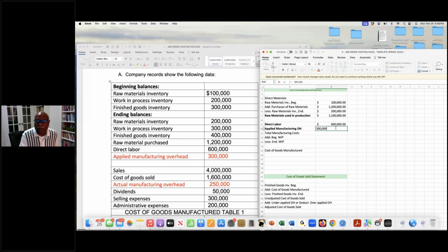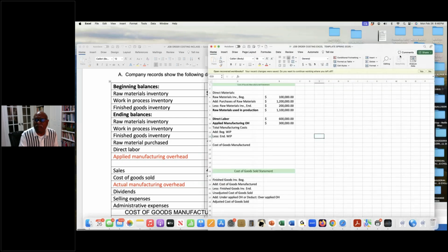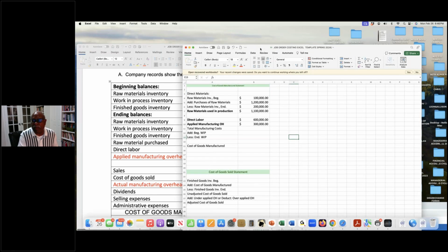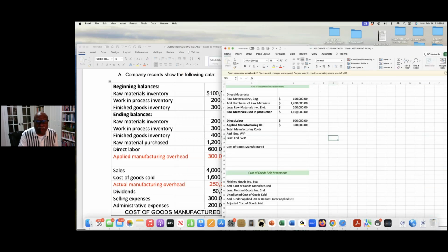So our total manufacturing costs, we're simply going to add these three items: raw materials used, labor, overhead. That turns out to be $2 million.